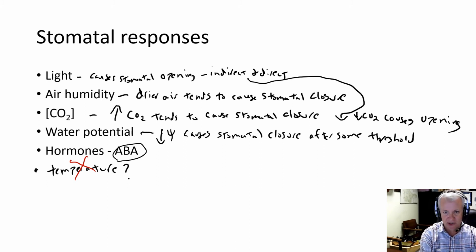There may be some situations where temperature interacts with other factors, and certainly increased air temperature can cause changes in air humidity that drive stomatal responses, but there's really no direct response of stomata to temperature. So that's sort of an interesting thing. Stomatal conductance is one factor that's not heavily influenced by temperature, unlike many other physiological processes.